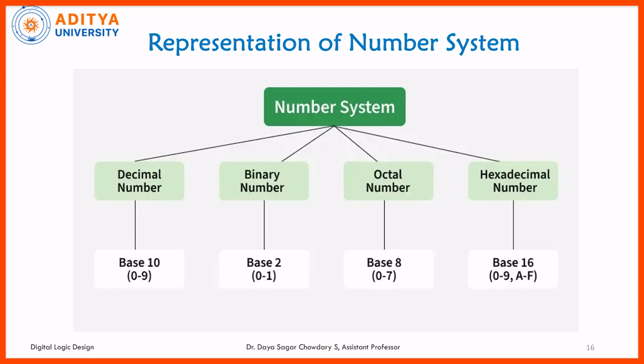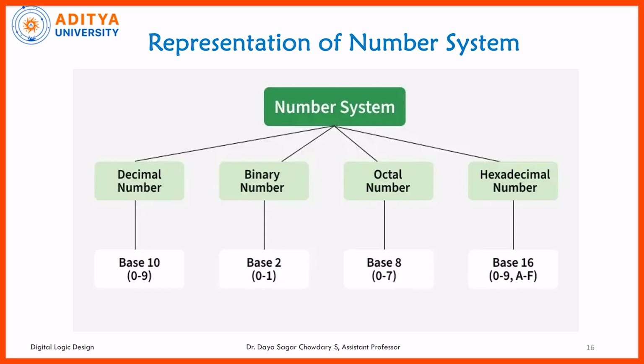From 0 to 9 it follows the decimal as usual, and then A to F. A is 10, B is represented by 11, C is represented by 12, and so on up to F, which is represented by 15. So 6 plus 10, that is hexa plus decimal, we call hexadecimal. So the base is 16 here, with 0 to 9 and A to F.